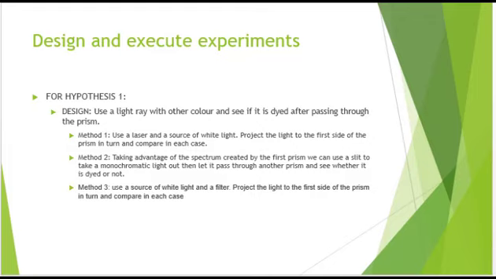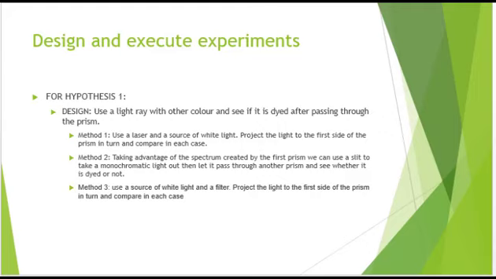Method 1: they can use a laser and a source of white light, project the light to the first side of the prism in turn and compare with each other.